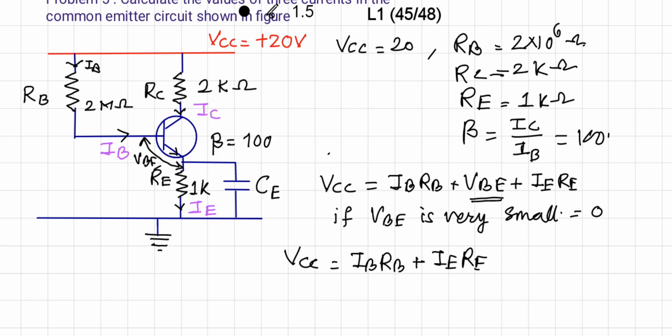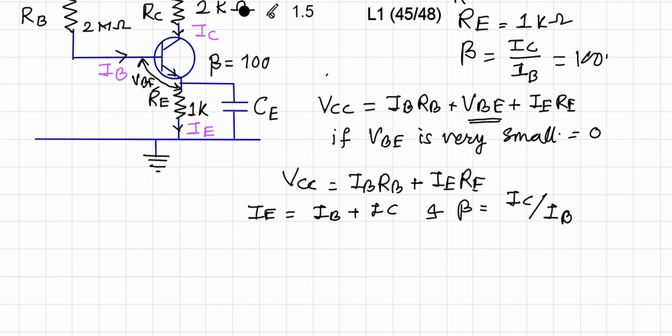So here the second important thing, we know that the emitter current is always equal to the base current plus the collector current. So we know that IE is equal to IB plus IC, and we already saw that beta is the relation between IC and IB, that is beta is equal to IC upon IB.